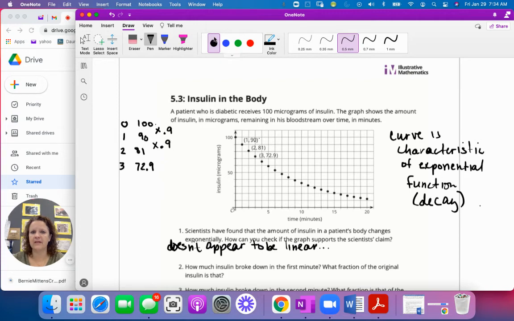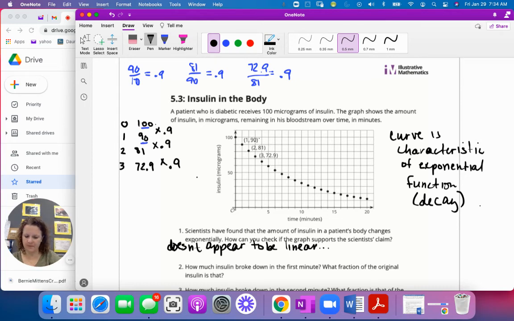And what I really did, I divided 90 over 100, and that's 0.9. And then I divided 81 over 90, and that's 0.9. And then I could divide 72.9 over 81, and that's 0.9. Okay? So that's how you find your factor. And it's also a way to double check that it's an exponential function.